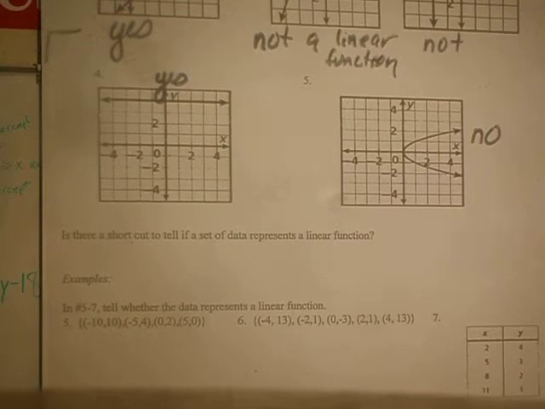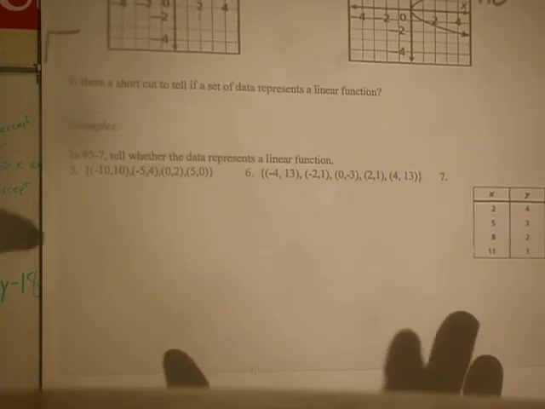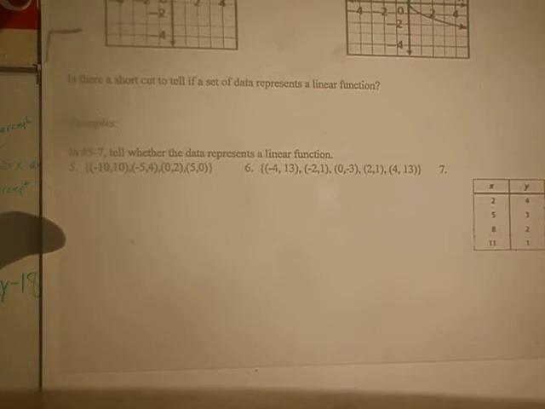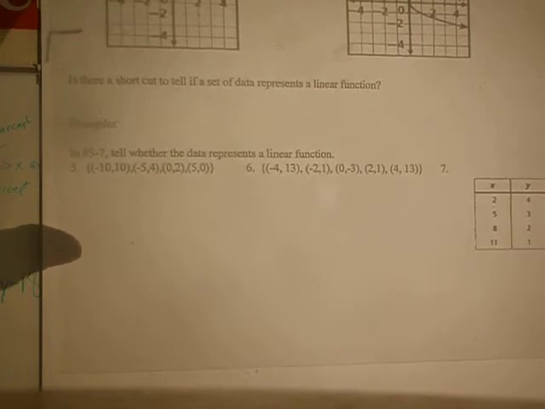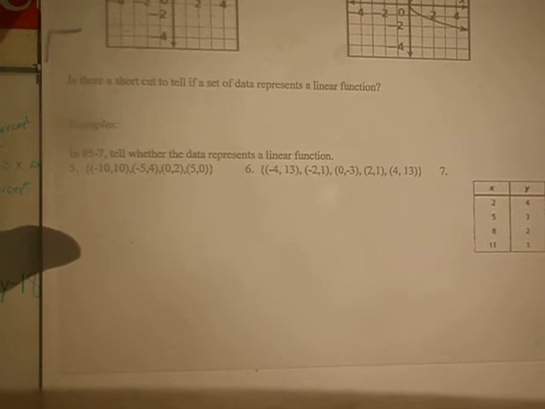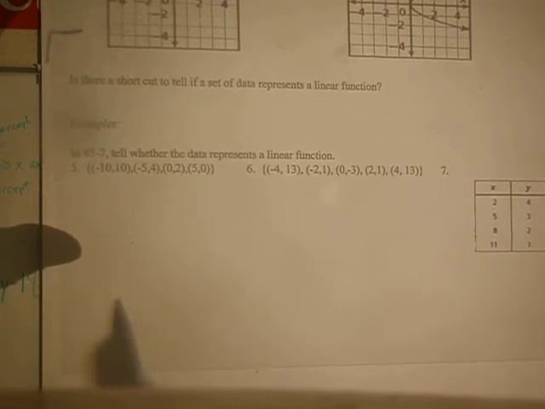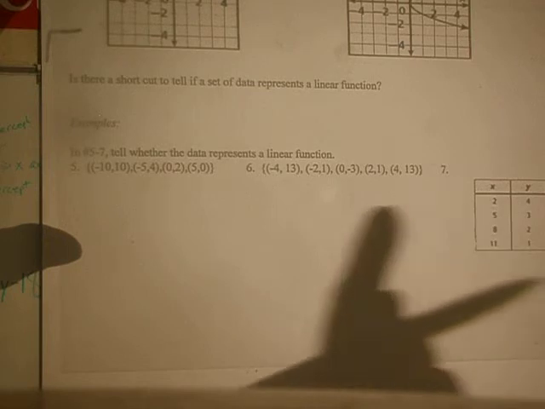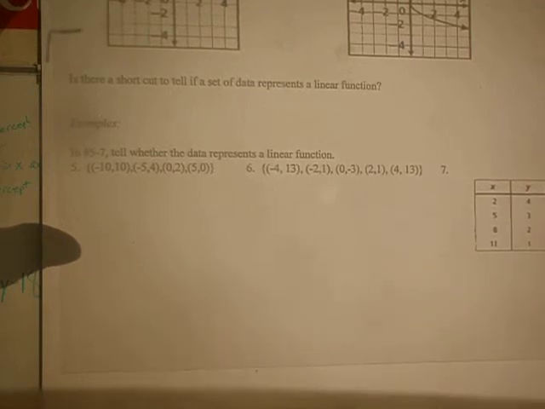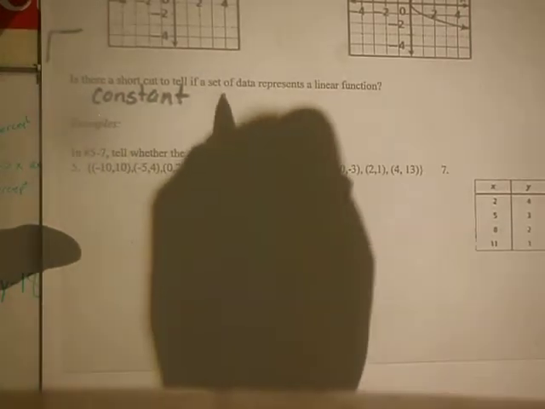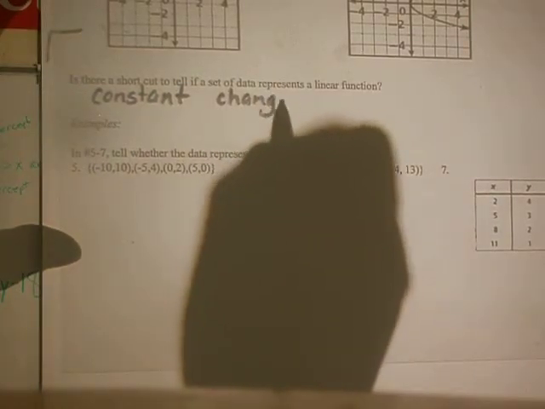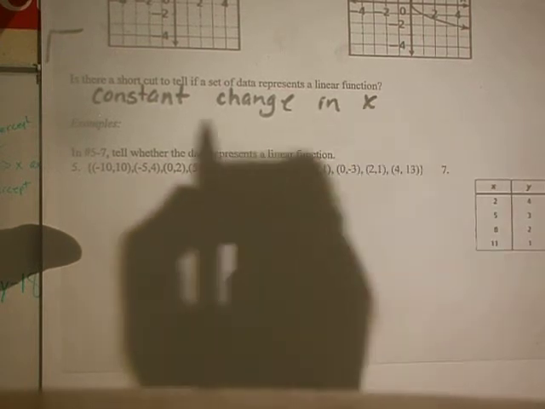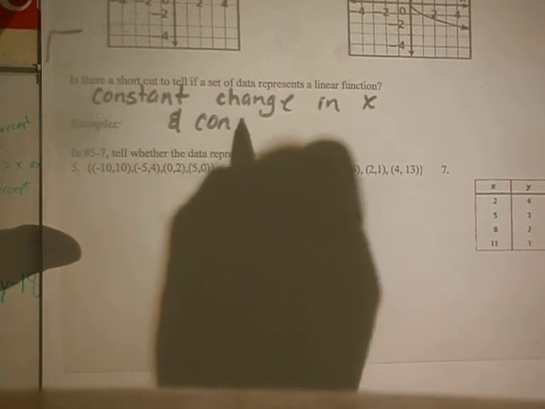As you look at examples 5, 6, and 7, we do not have graphs, so we can't do our vertical line test. We can't look at the picture and see if it's a straight line. So there is a shortcut to see if the data, a data table like this, represents a linear function. And the shortcut is you need a constant change in x and a constant change in y.